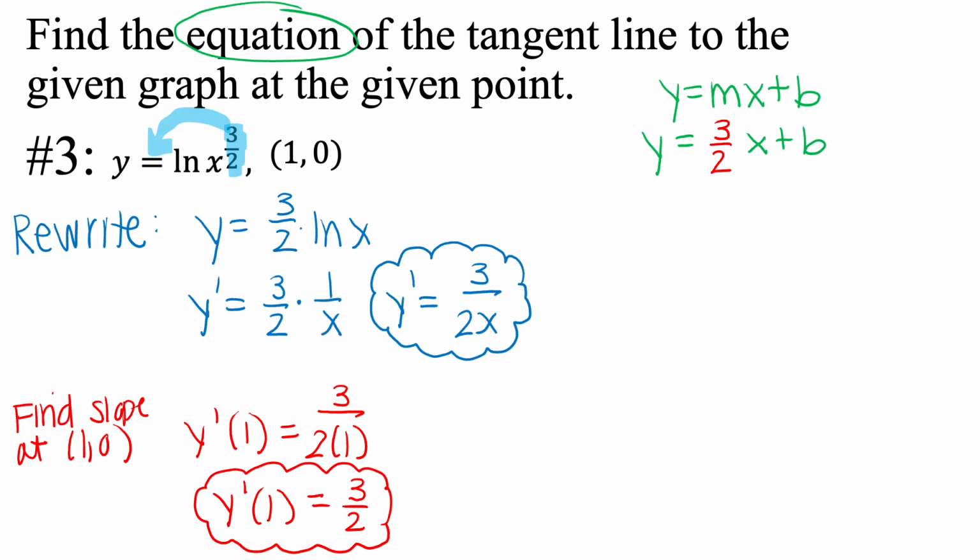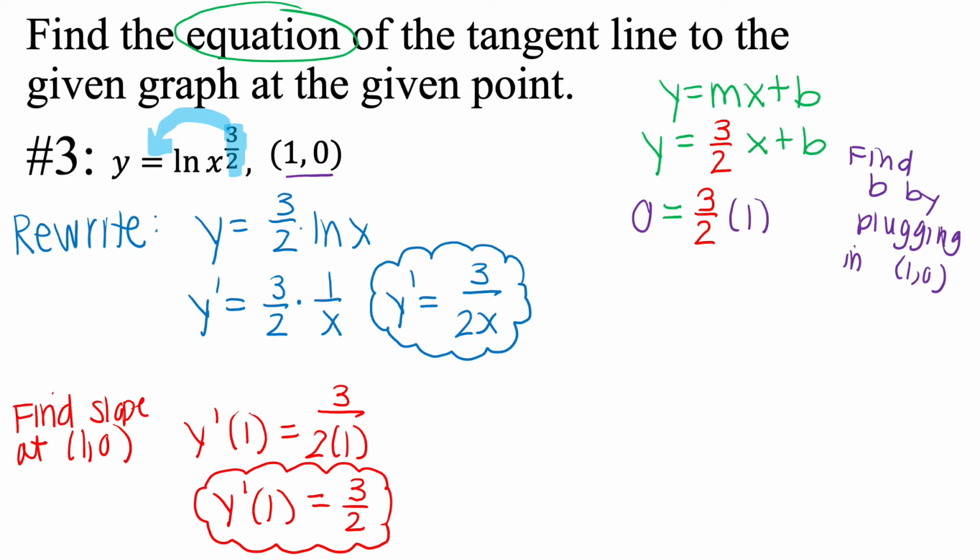And at this point, we need to find what our b value is by plugging in the point we were given, (1, 0). So we can plug in our 0 for y, keeping our 3/2 for m, and our 1 for x. We'll be able to solve for b.